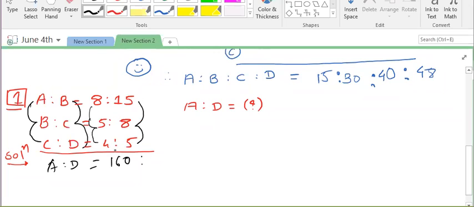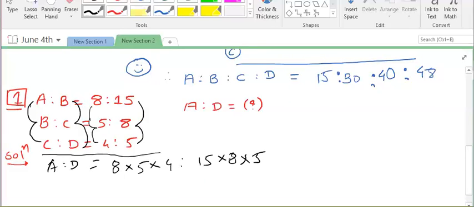Or we can also do one smart work over here: on the left hand side we have to multiply this 3, that is 8 into 5 into 4. On the right hand side we multiply 15 into 8 into 5. So 8 and 5 are common both the places, so they will get cancelled out, so it will be 4 is to 15. Is it clear? So A is to D will be 4 is to 15.